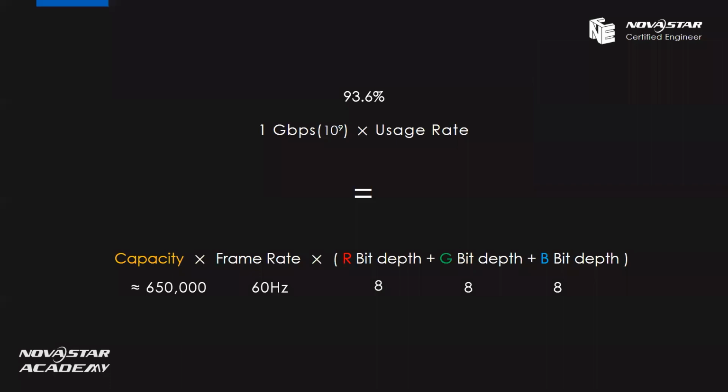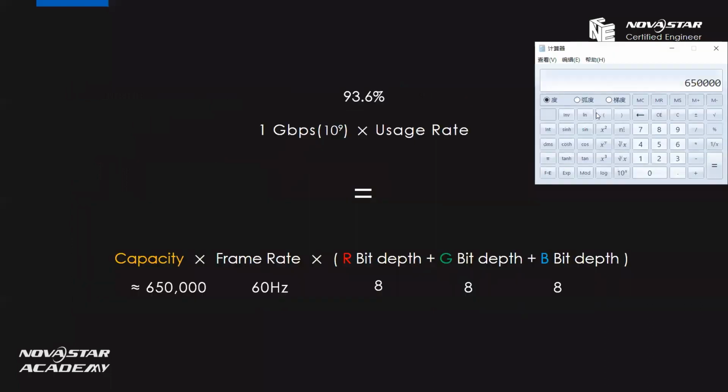Okay, but sometimes maybe in some European countries, the customer may test the frame rate at 50 Hertz. So what about the loading capacity? Also, we can use the calculator to get the result. 1 gigabits, 93.6%, divided by 50 Hertz.